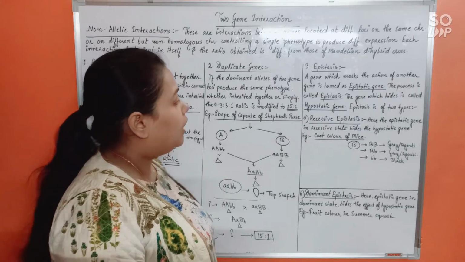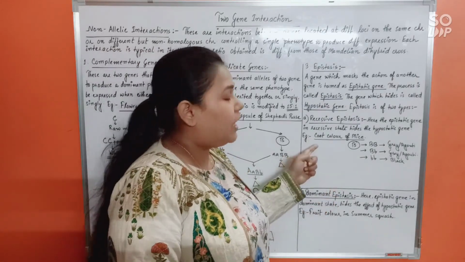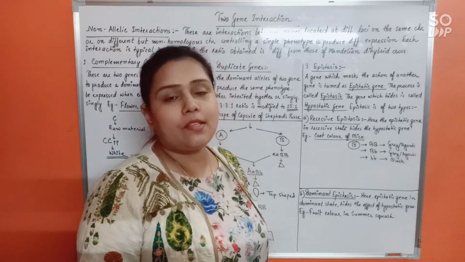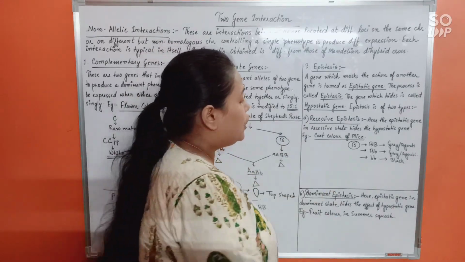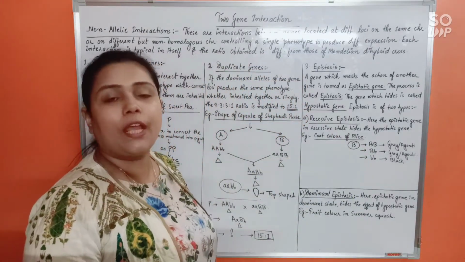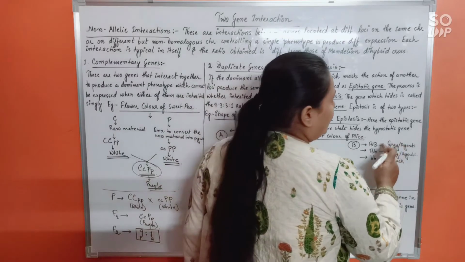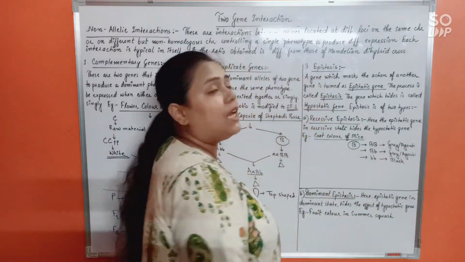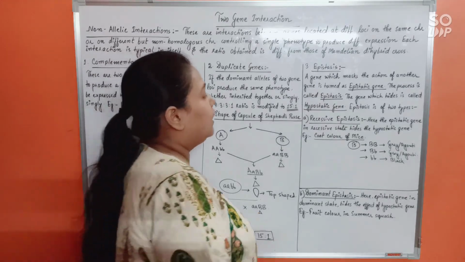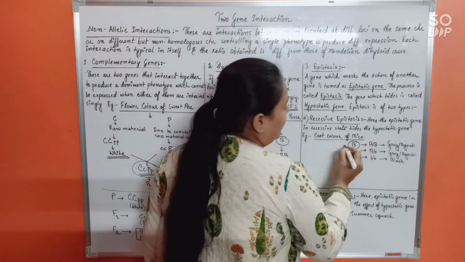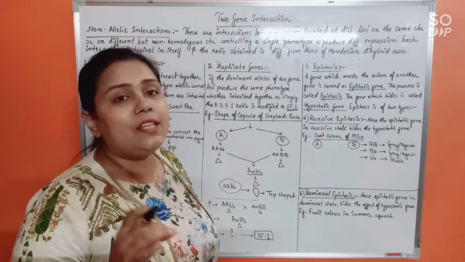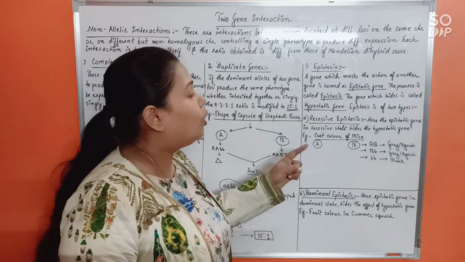Understood so far? For recessive epistasis, we have taken the example of coat color of mice, and suppose the coat color of mice is under the control of gene B. When gene B is in the homozygous dominant or heterozygous state, the coat color is grey, and if it is in the recessive state, the coat color is black. But apart from gene B, there is another gene, say gene A, that is also going to influence the coat color of mice.